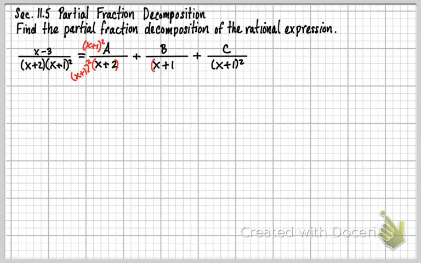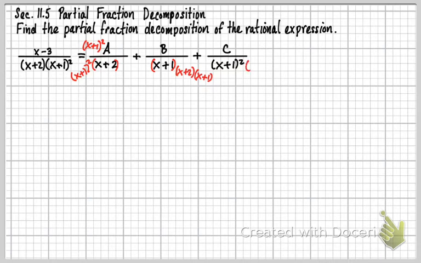And then the middle one here is going to need an x plus 2, and also an x plus 1, because this one on the end has 2 x plus 1s. Okay, and they all have to have the same thing when we're done here.